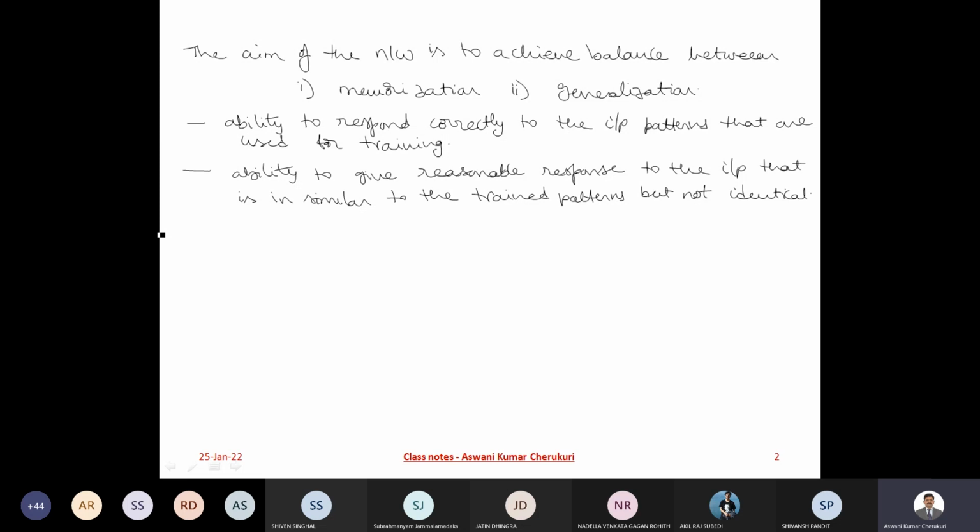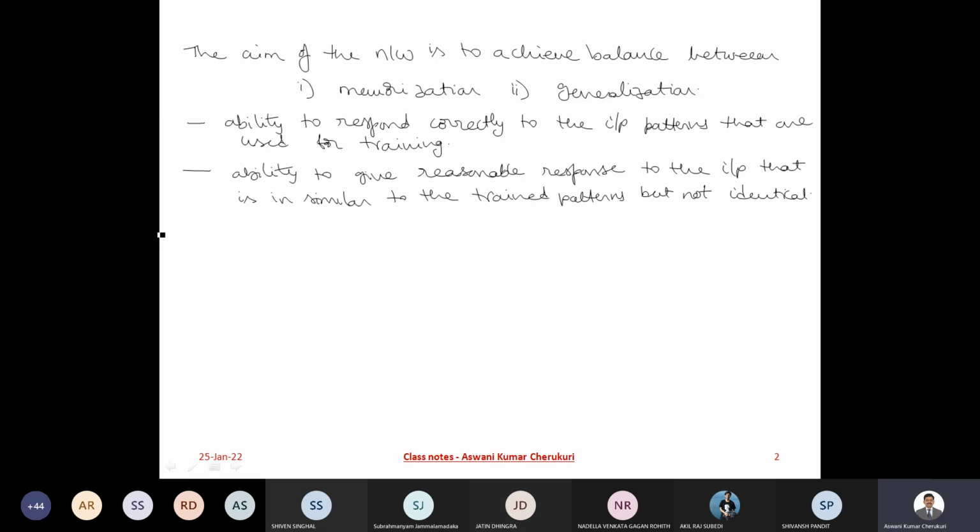In a similar context, the memorization with regard to the backpropagation learning algorithm: of course, what we discussed are simple problems like the AND gate and OR gate. These are very, very simple problems. In practical applications, the number of features would be quite large, and the number of samples would also be large.